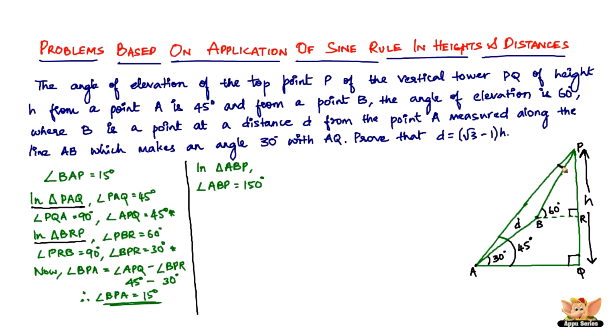That's because this part is equal to 15 degrees, and this part is again 15 degrees. Therefore, this will be equal to 150 degrees. Alright. The next step is, now we need to use the sine rule in triangle ABP straight away.